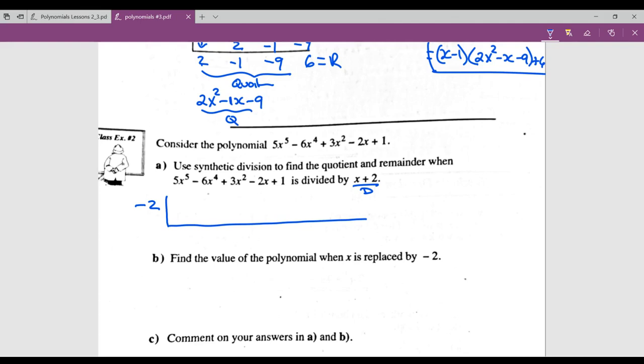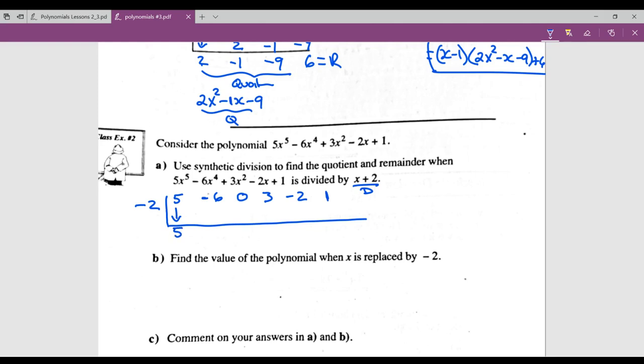There's no x cubed. So we write 5, negative 6. Now there should be an x cubed there. There isn't. So you put a 0. 3, negative 2, and 1. Okay, now we do our synthetic division.